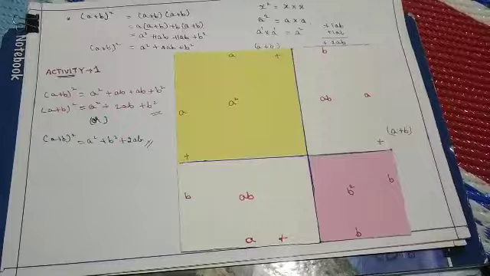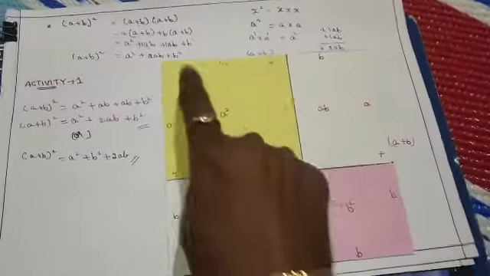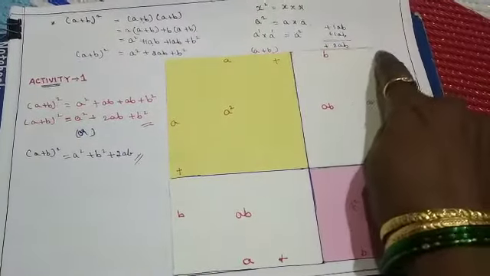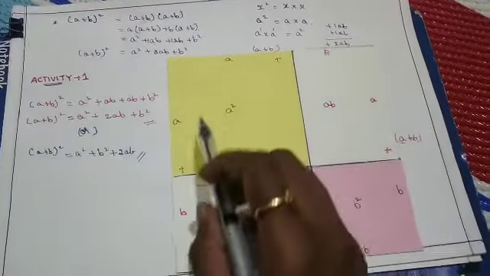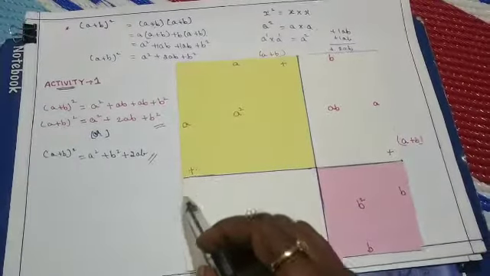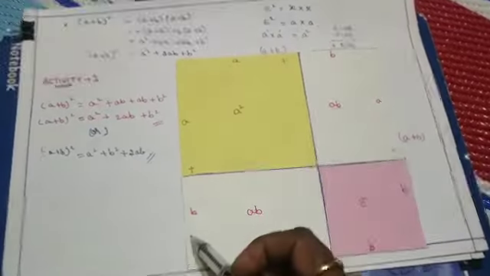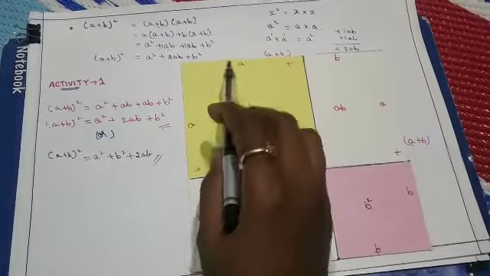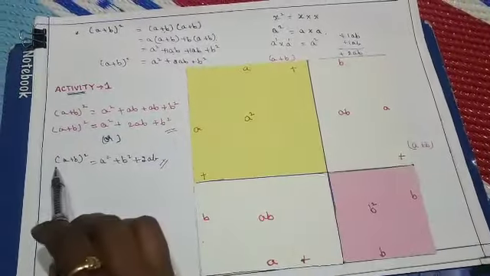We know that 9 plus 6 is nothing but 15. So this was taken 9 centimeter and this was taken 6 centimeter, so the total became 15 centimeter. If we substitute in place of a as 9 and in place of b as 6, then 9 plus 6 is equal to 15 centimeter.